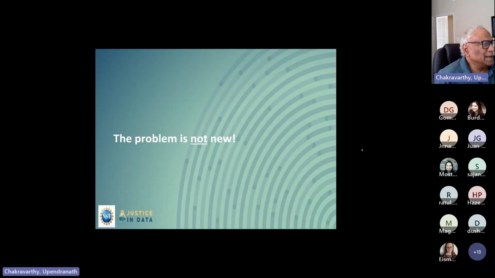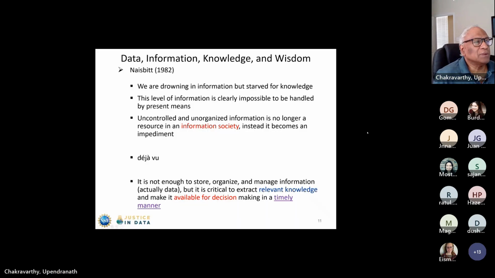So data analysis, however much we want to think that it is new, it is not. Back in 1982, without revealing my age, we are drowning in information but starved for knowledge. This was a statement made by Naisbitt. This was 40 years ago.